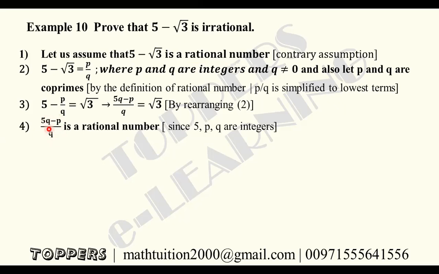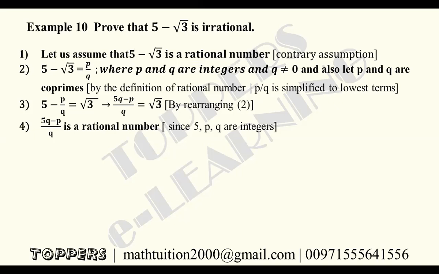An integer upon another integer is a rational number. 5 is an integer, p is an integer, q is an integer. So this is undoubtedly a rational number.